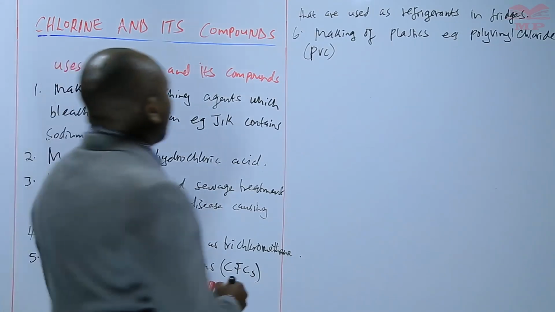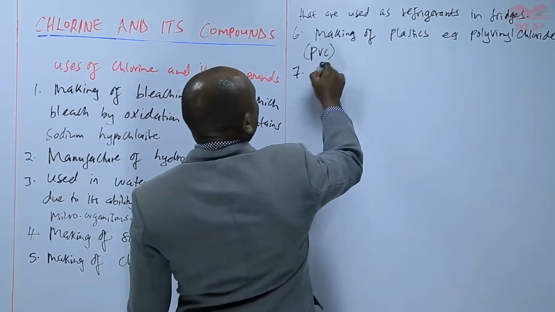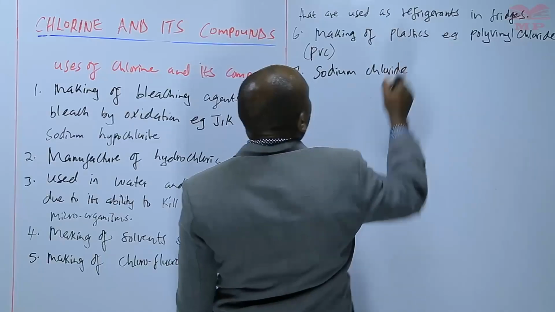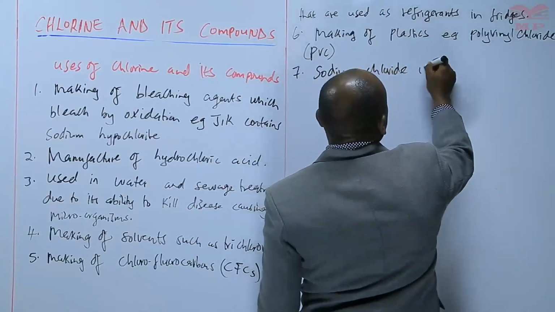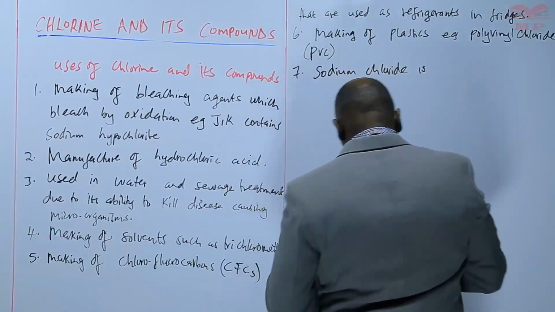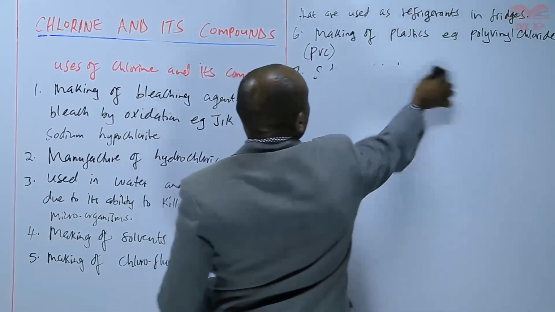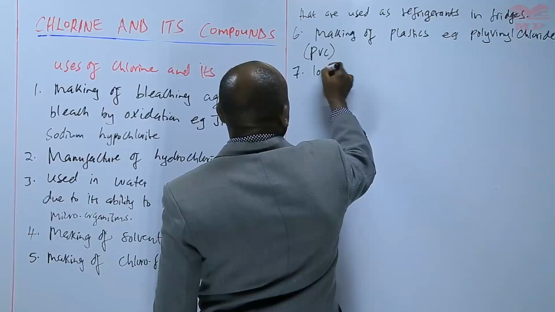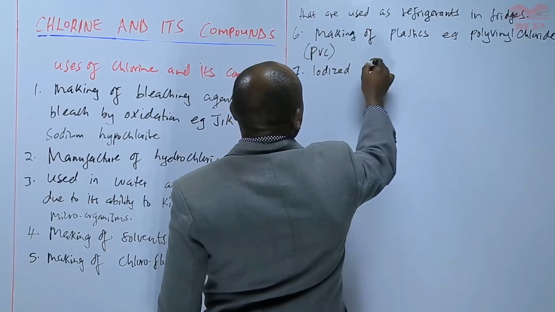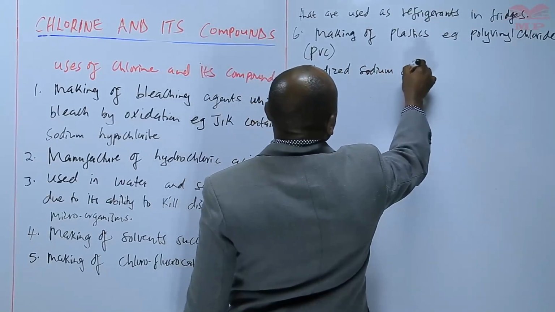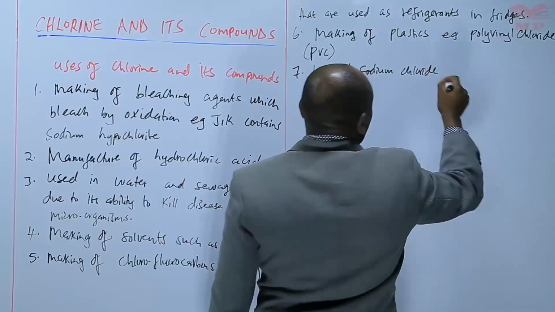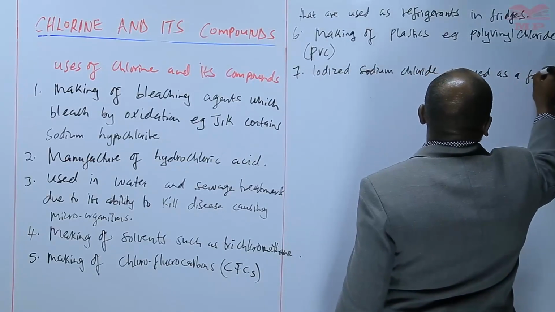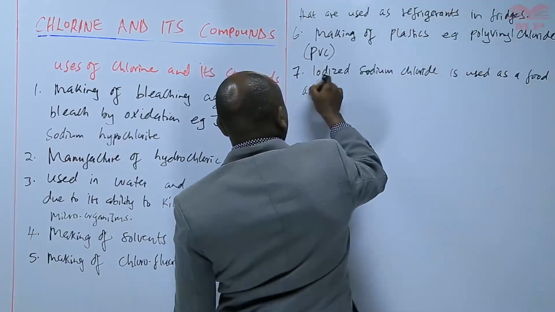We can also say that sodium chloride, which is also a compound of chlorine, is used. In fact, we can change it a bit. Let's call it iodized sodium chloride, which is used as a food additive.